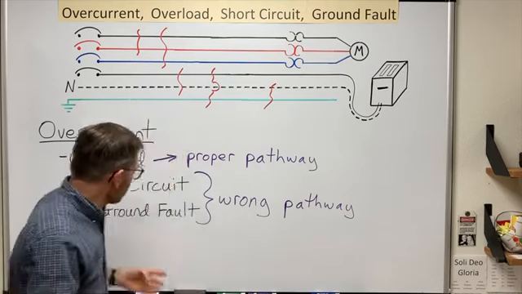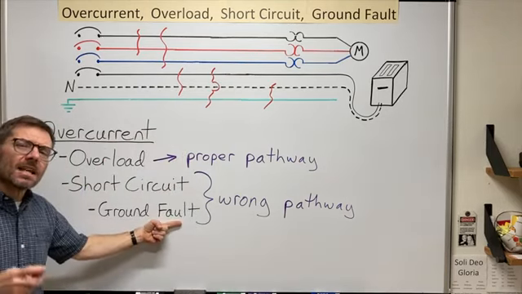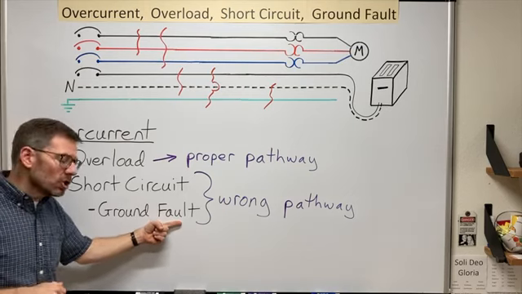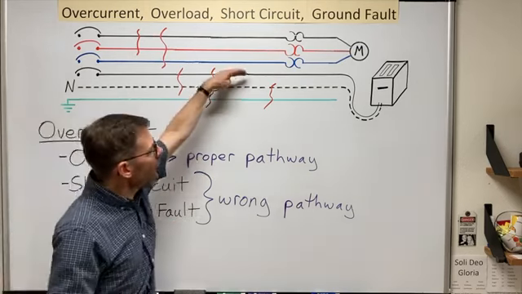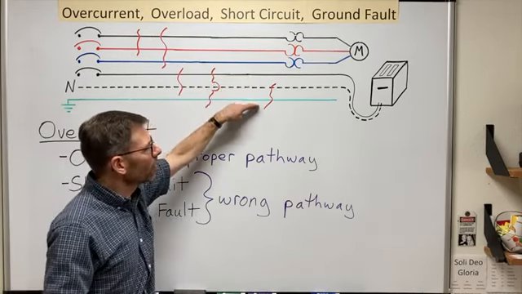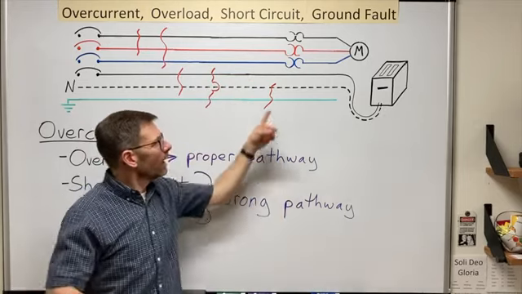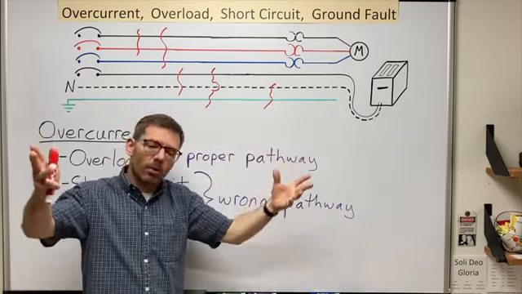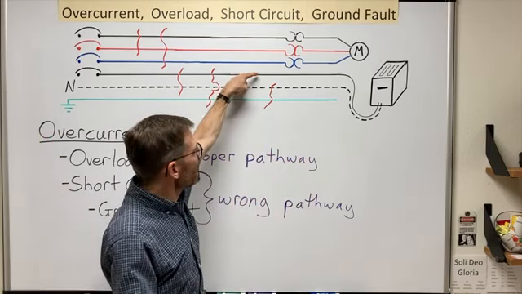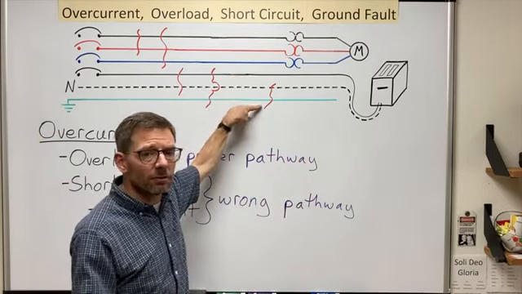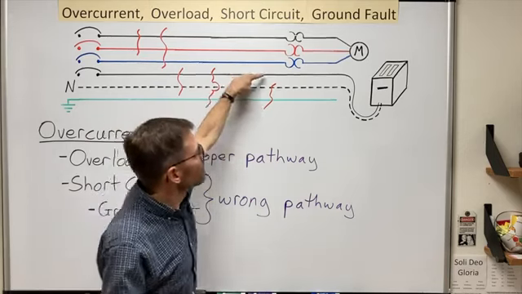But if you look at the definition for ground fault, it says that it is an unintentional pathway between the hot and the ground. When I first read that, I was confused. I said, wait a minute, why not neutral to ground? But then I thought about it. Is this hot connected to this ground? Is there pathway? Yes.